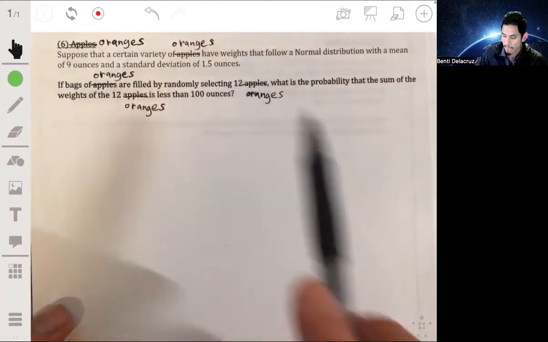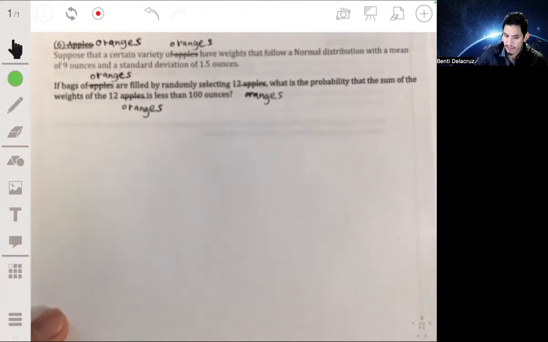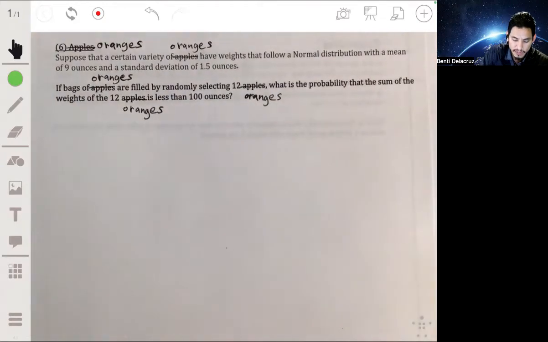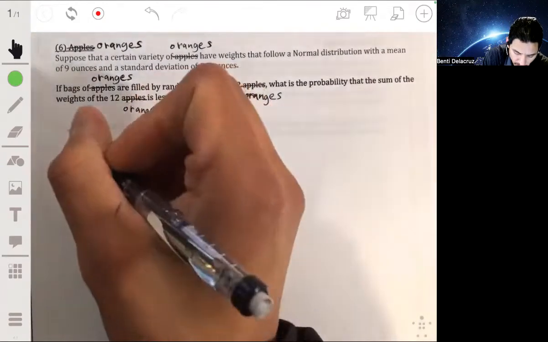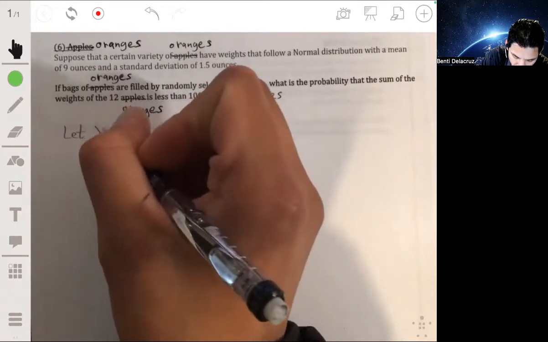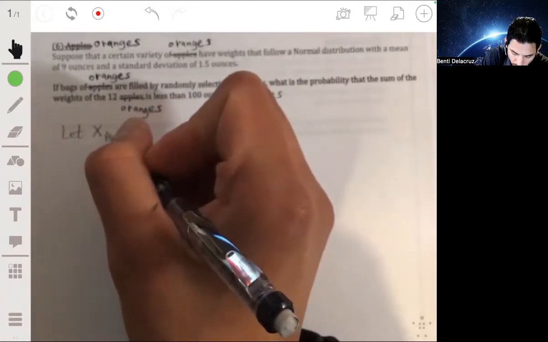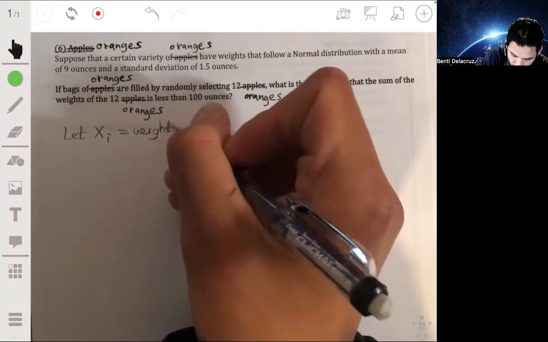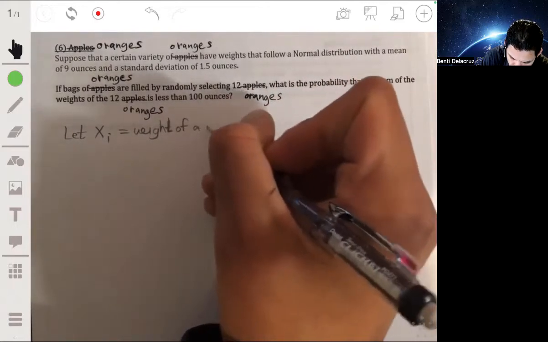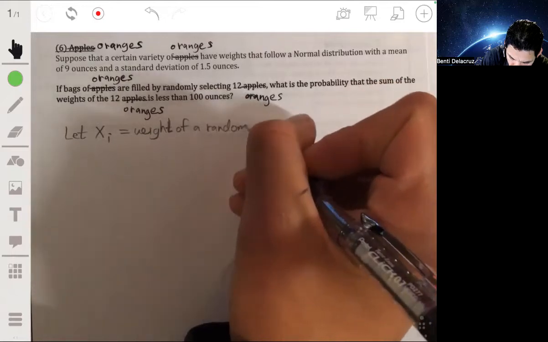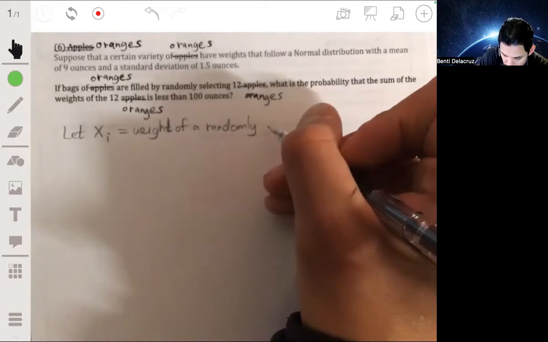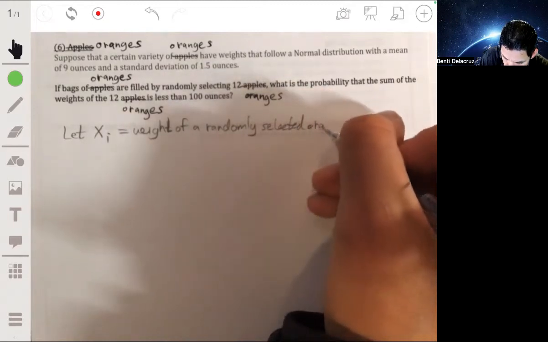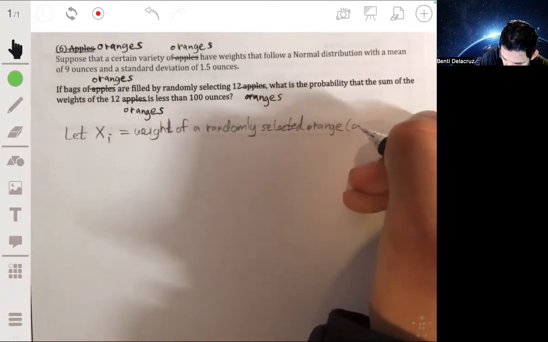So let's break this down into some formulas and notation so that we can make this more clear. So we're going to let x of i be the weight of a randomly selected orange, measured in ounces.